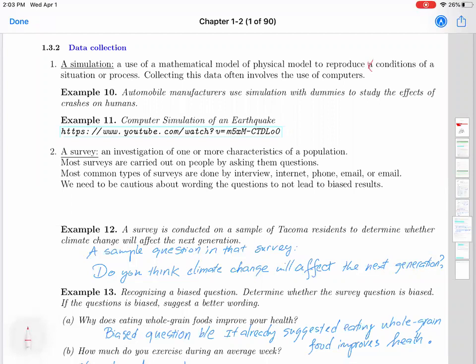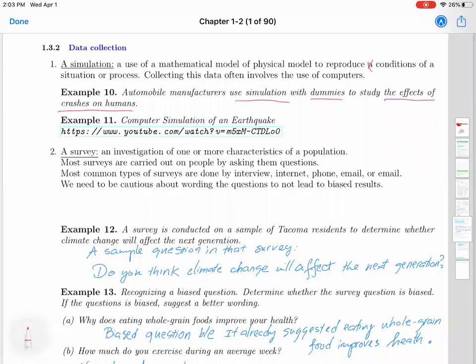For example, automobile manufacturers use simulations with dummies to study the effects of crashes on humans. So the objective of this study is the effect of crashes on humans. That means you cannot do an experiment on humans, right?